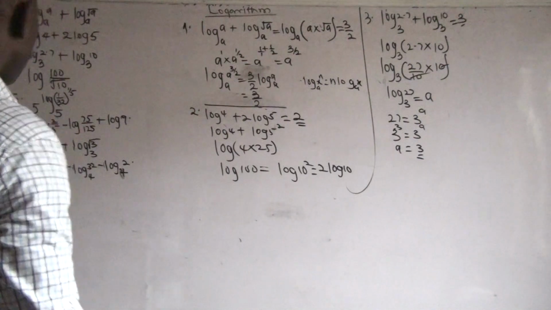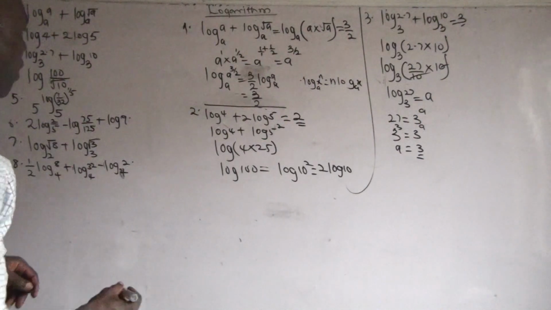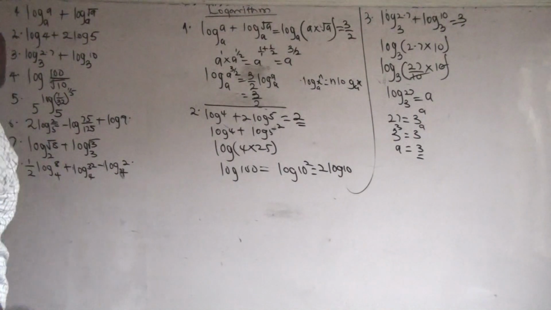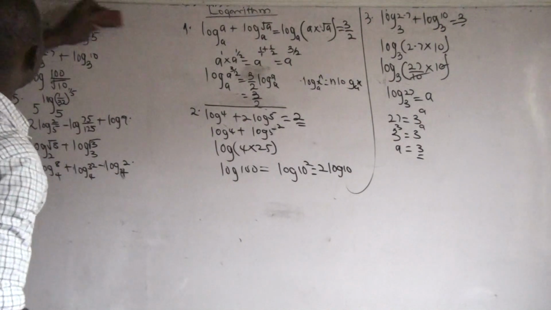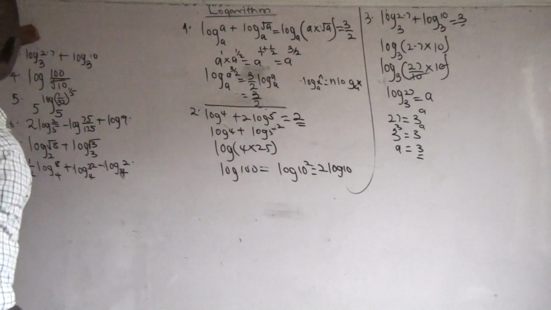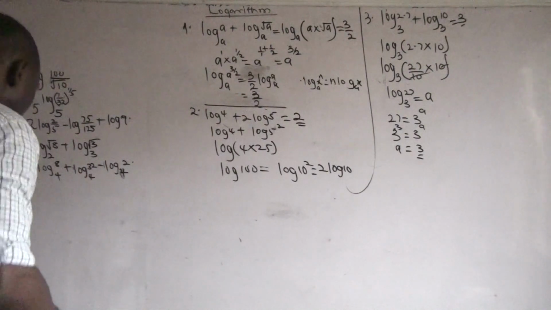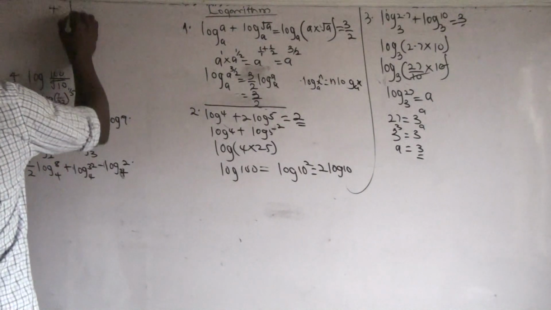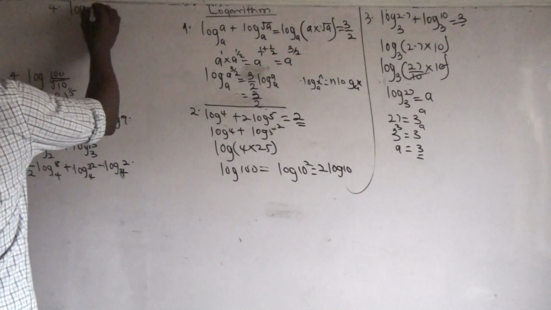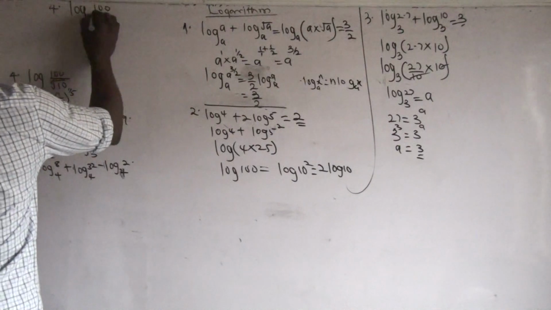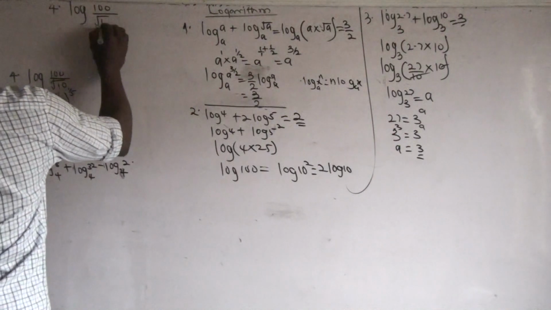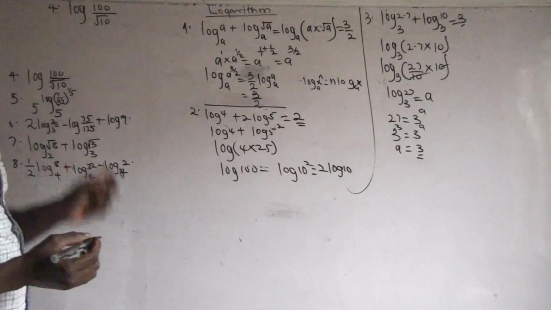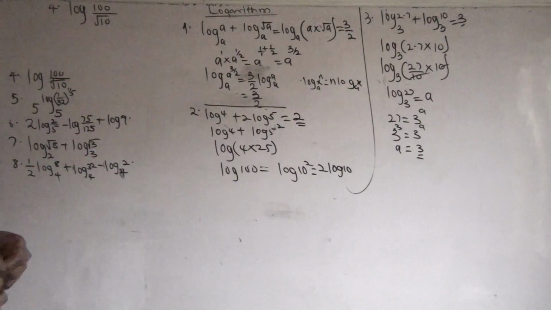Okay, now let's look at this. Number 4, the one that we have already treated. Yes, let's look at question number 4. It is log 100 divide root 10. Here, without being told, the base is 10 because it is not indicated in the question.